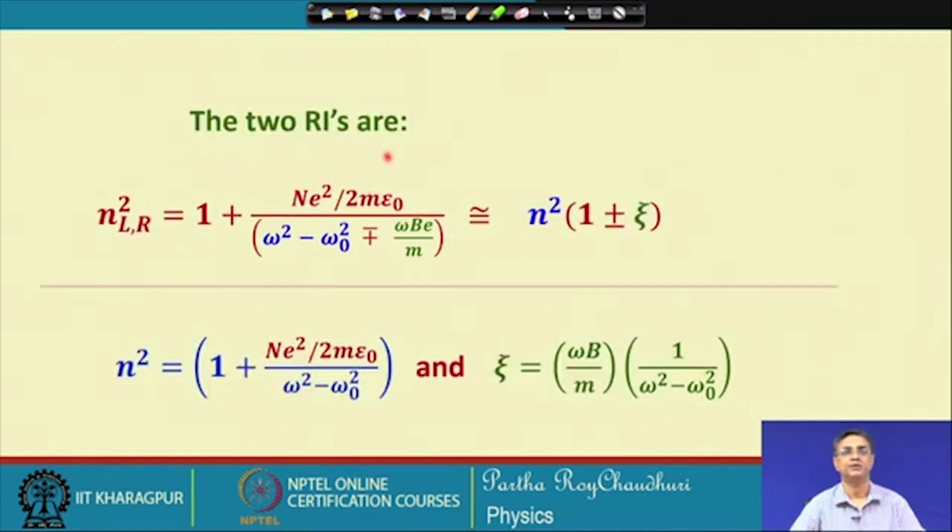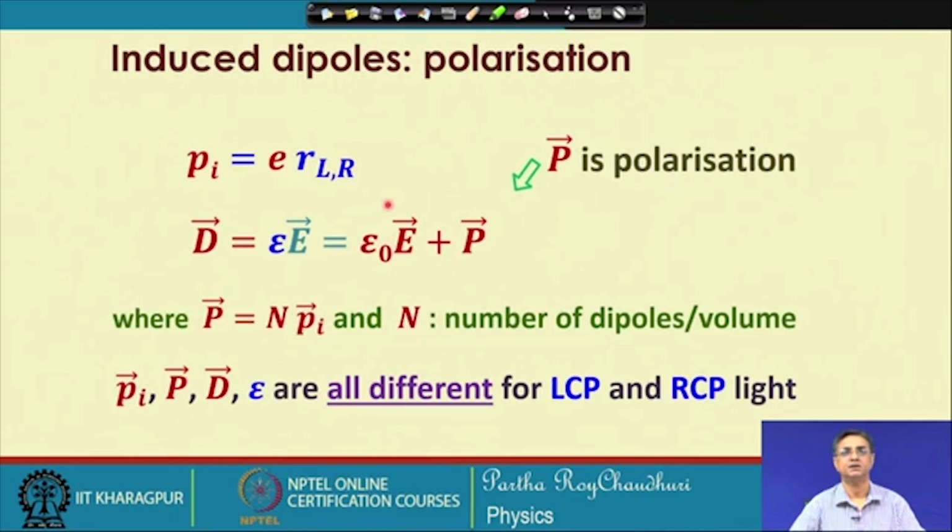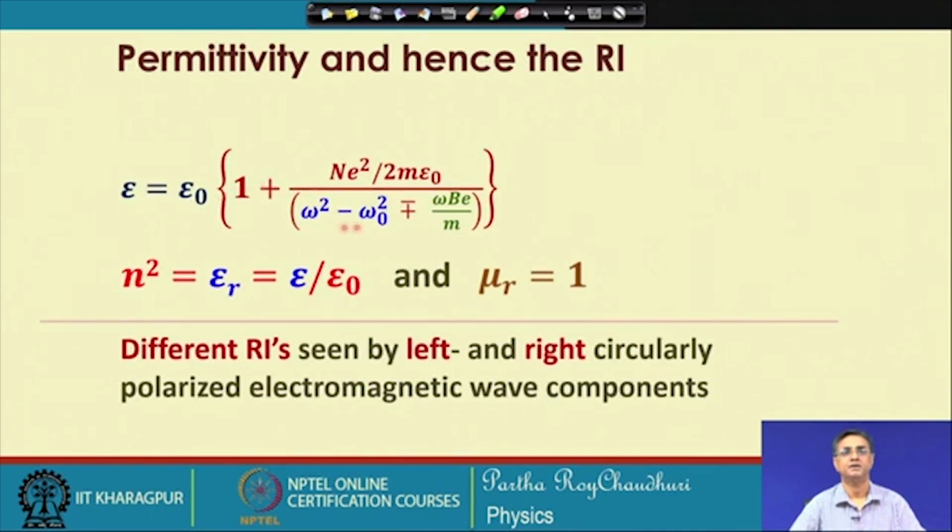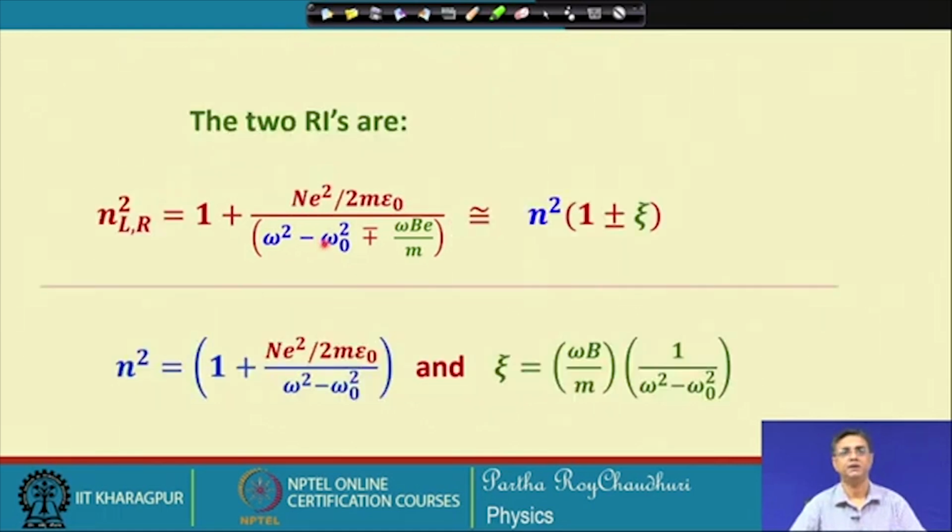So, these two refractive indices are now written in this form. You can see this is a consequence of this expression. So, epsilon by epsilon naught is equal to n square, which is the relative permittivity, and the square of that will be the square of n.